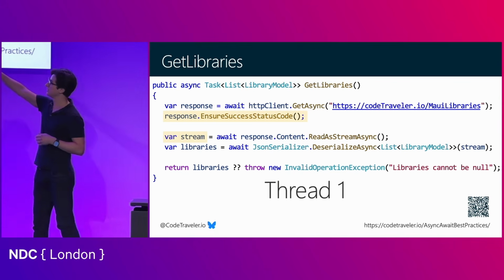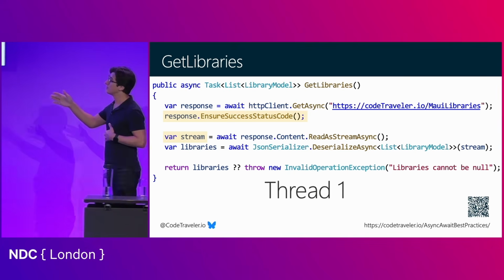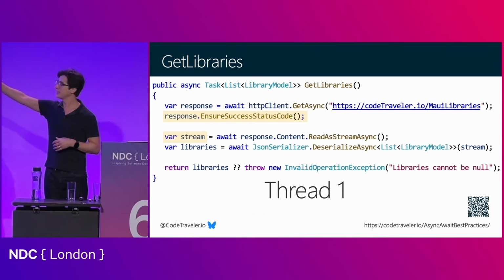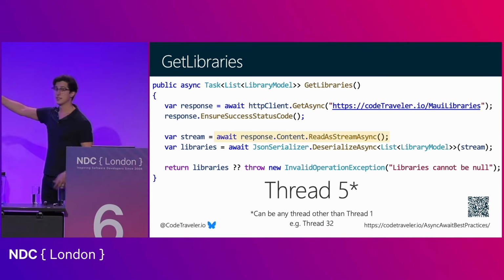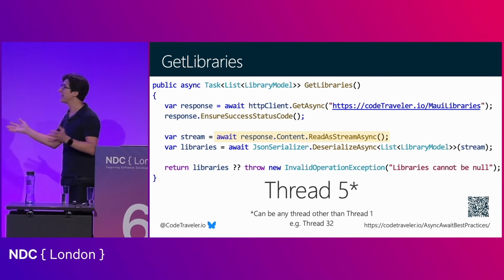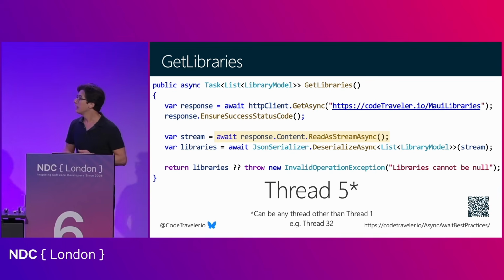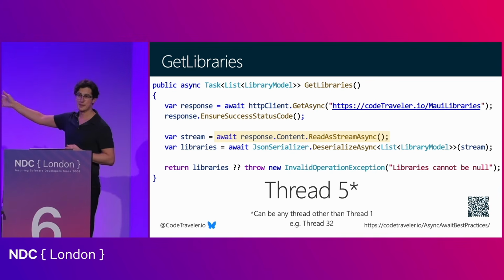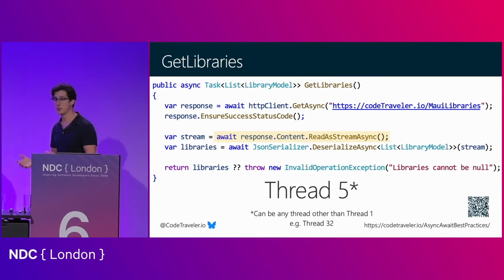And now thread 1 ensures that we have a successful status code and initializes a stream. But just like last time, thread 1 hits this await keyword and returns. And now ReadAsStreamAsync is running on a background thread. We'll say thread 5. But again, this is whatever thread is available and free in the thread pool. And so ReadAsStreamAsync completes, notifies .NET. .NET says what thread called you, what was your calling thread.